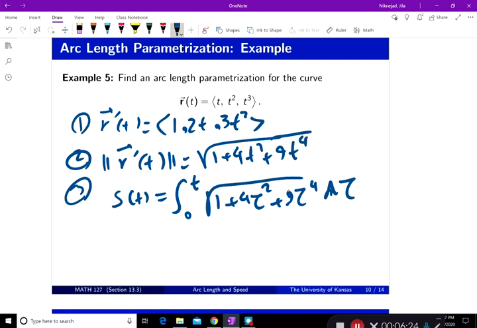And so what happens is that to be able to find the inverse function t of s and then plug it in here, I have to find that integral and then move on with it. But for most of the arc-length parameterizations that we have, the integrals are going to be very difficult to compute, or can only be computed by numerical methods.